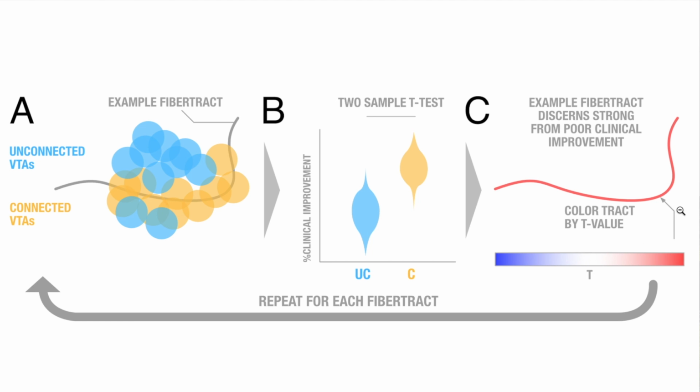If it's a positive one, we give it a red color. If it's a negative one, a blue color. And if it's in between, it's just a white tract. So by doing this repeatedly for every single tract in our connectome, every tract will get a color or a t-value. And then we can do further calculations on that.